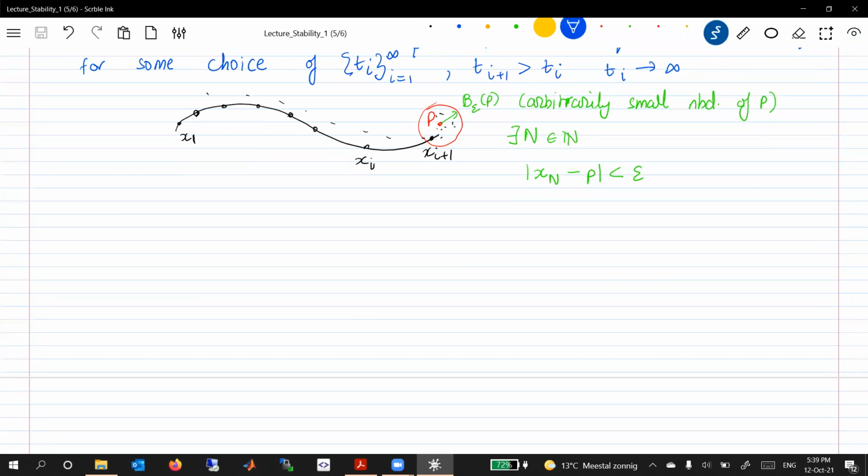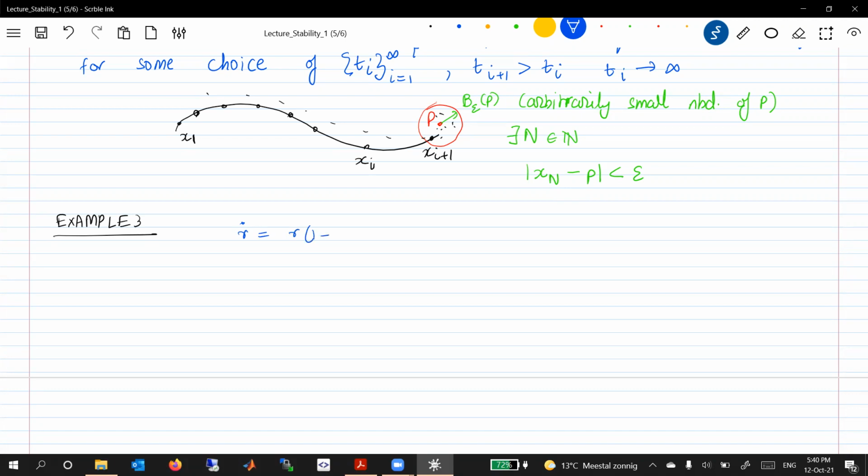This is example 3. This is an example in polar coordinates. And this is an insightful example because it tells us why we require stability in the definition of asymptotic stability first.